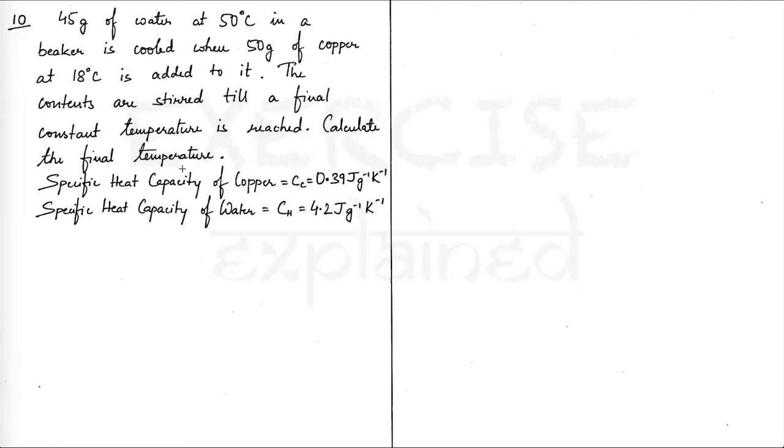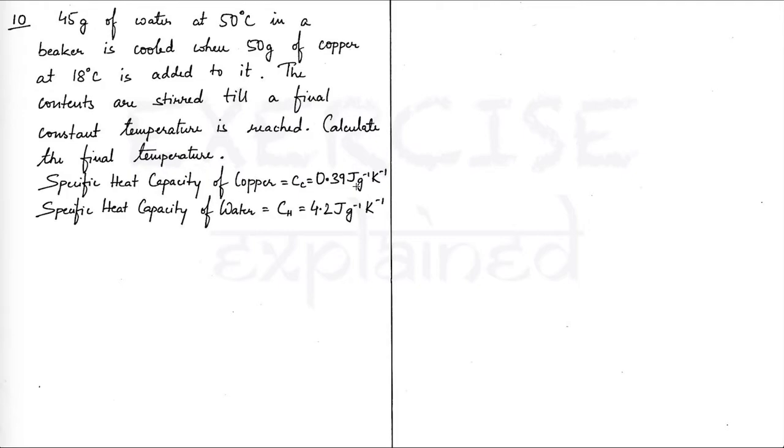So the specific heat capacity of copper is given in the question, that is C suffix C, that is C of cold body, that is 0.39 joule per gram per Kelvin, and the specific heat capacity of water is given as C of H, that is specific heat capacity for hot body, that is 4.2 joule per gram per Kelvin. Now you have to notice one thing here, that mass is also given in grams, specific heat capacity is also given in grams.